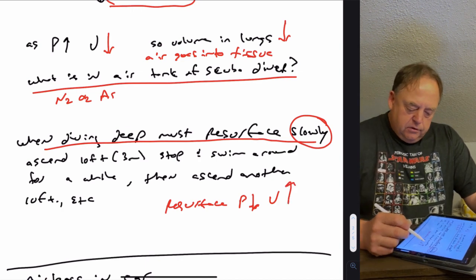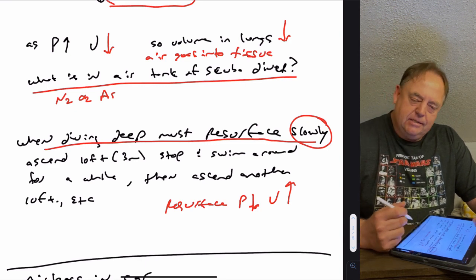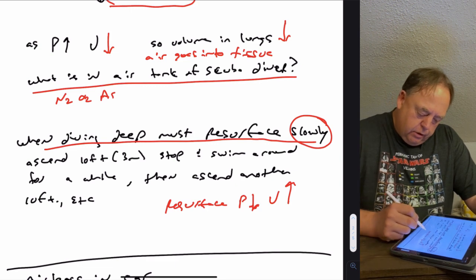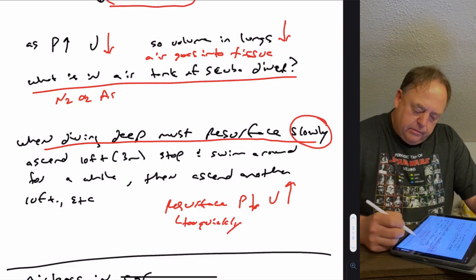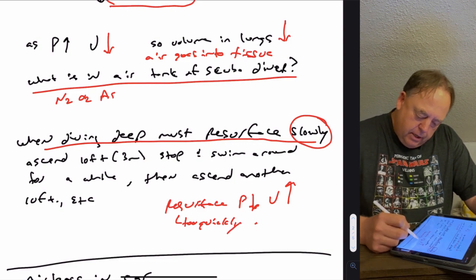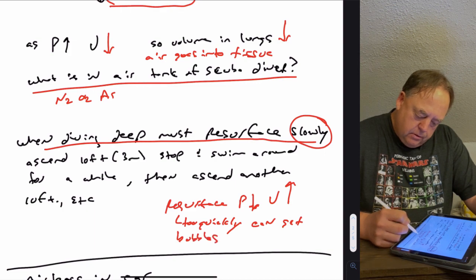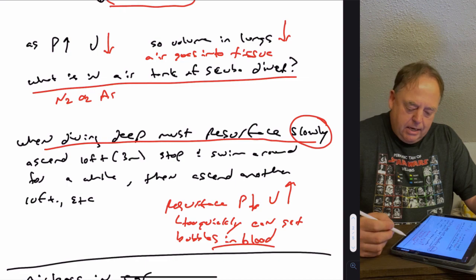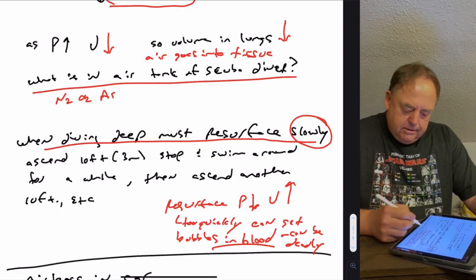So if you dive deep, you have a lot of extra gases in your blood and in your tissue. If you resurface too quickly, since volume is going up, you can get bubbles in your blood, and that can be deadly. That's what's called the bends.